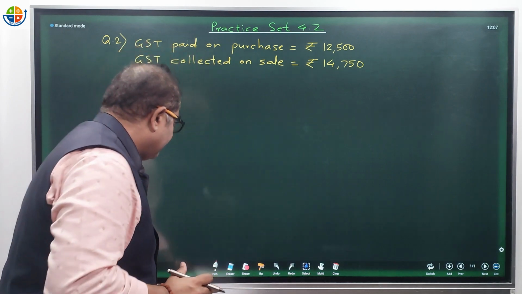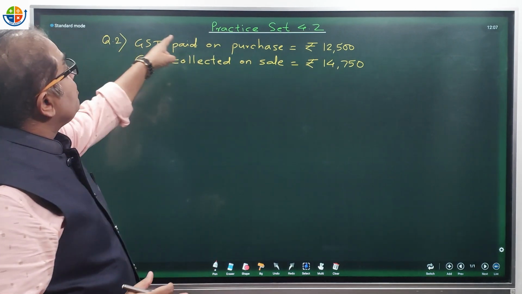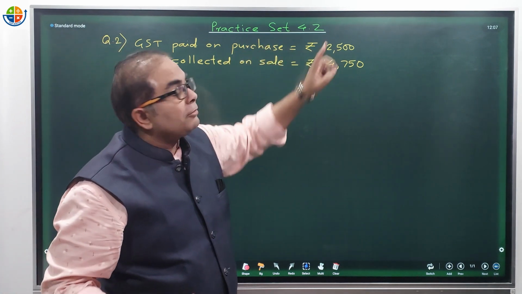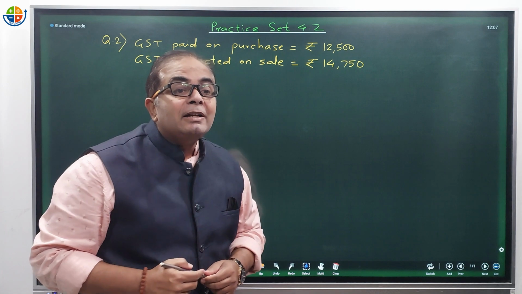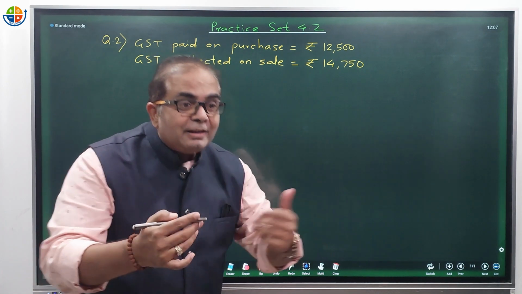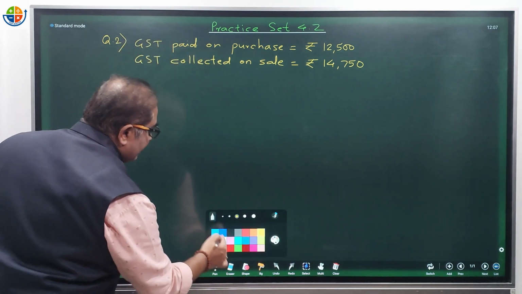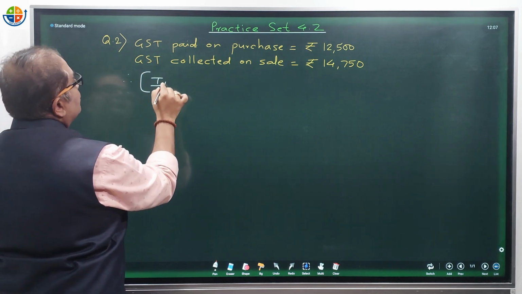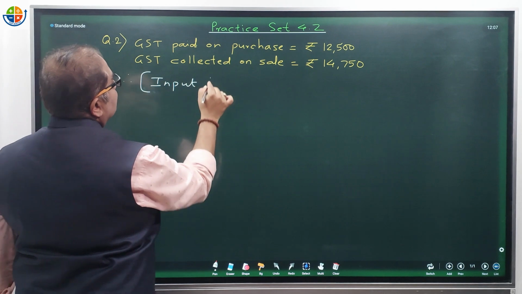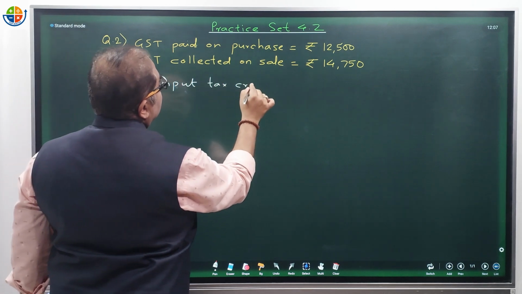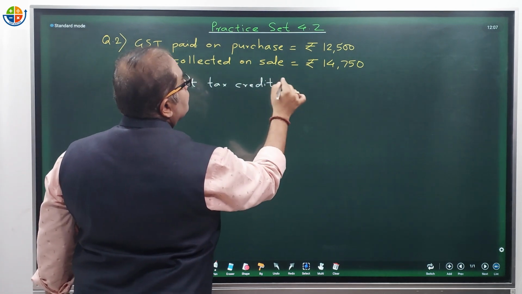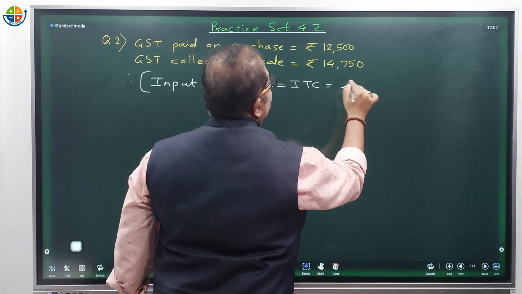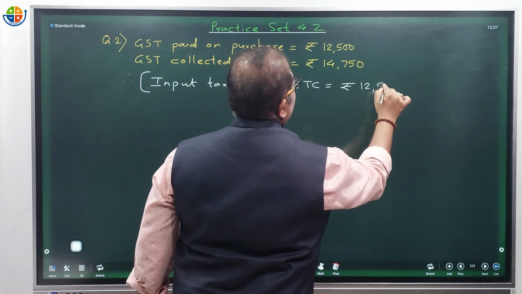Okay. So here, GST paid on purchase. She has already paid the GST, rupees 12,500. It is nothing but ITC, that is input tax credit. So our first answer, input tax credit, that is ITC, is equal to rupees 12,500.